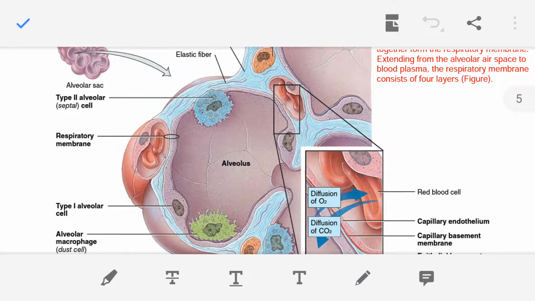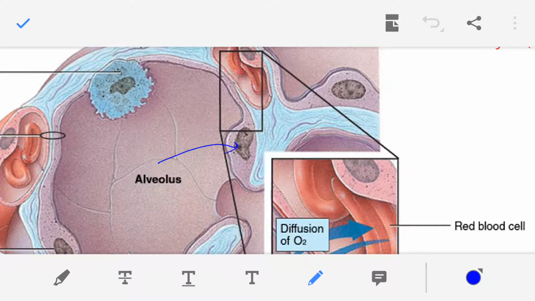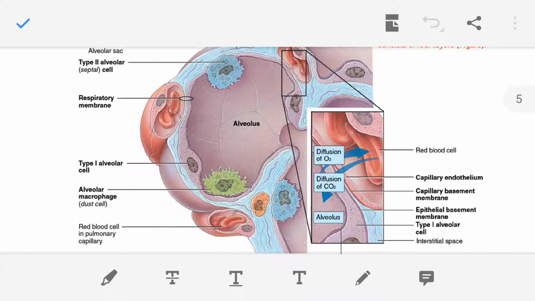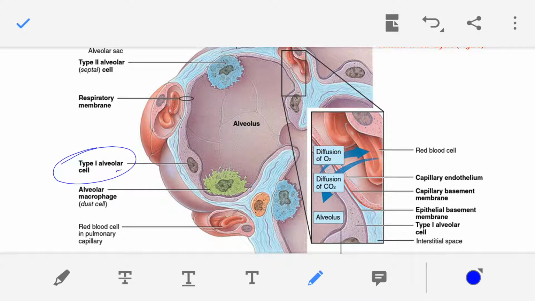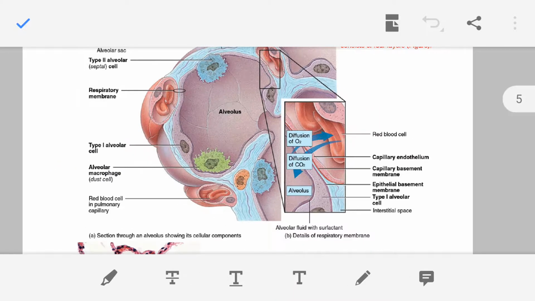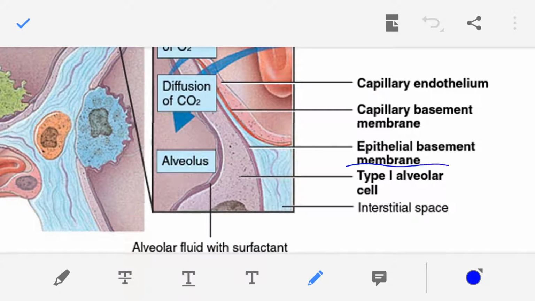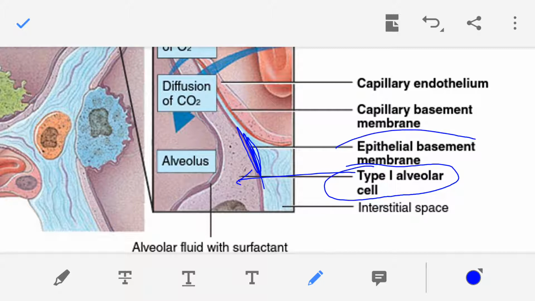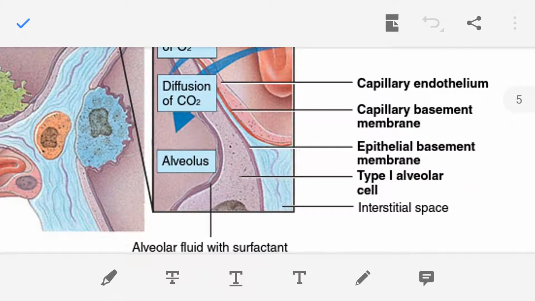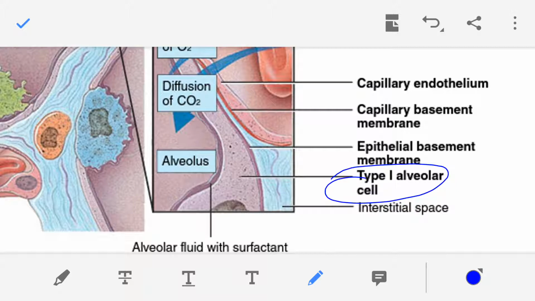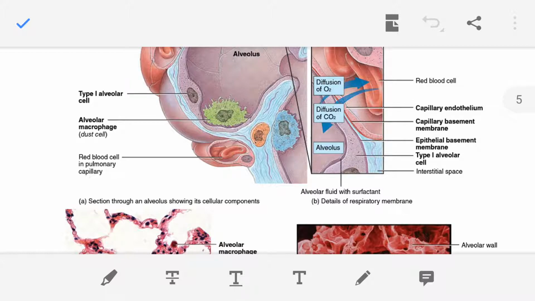Over here also you see this cell, this cell is the type 1 alveolar cell. And this one is the epithelial basement membrane. So underlying the type 1 alveolar cell, the epithelial basement membrane is present. That is the meaning of the 6th point.